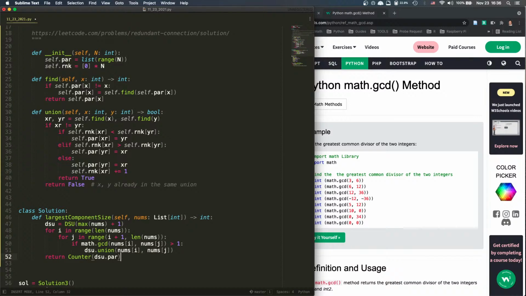I'm gonna use Counter on the parent, and we pick the maximum of this, and key will equal to... actually no, just dot values. Okay. All right, let's try this.